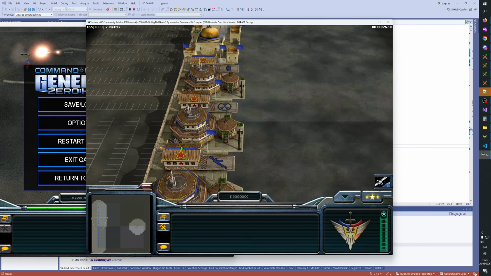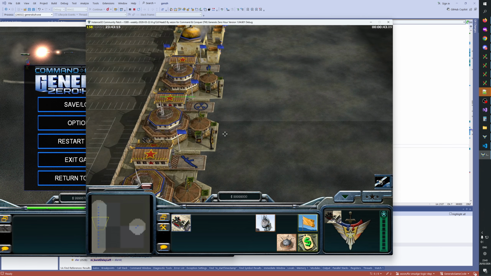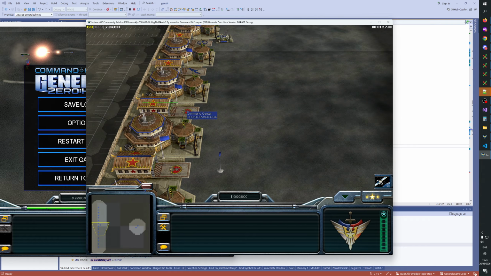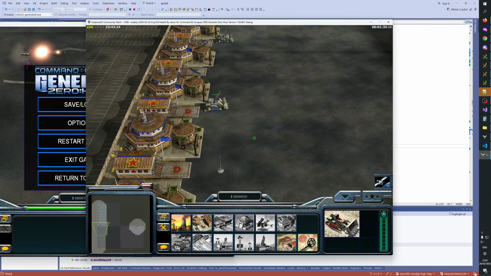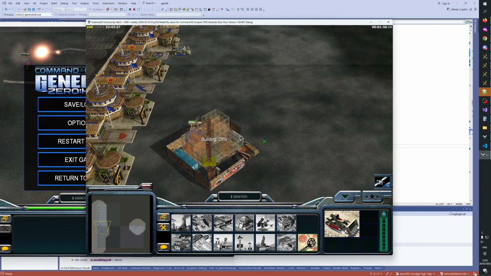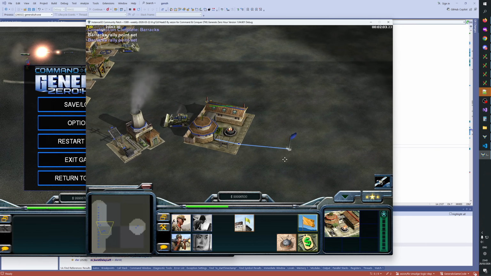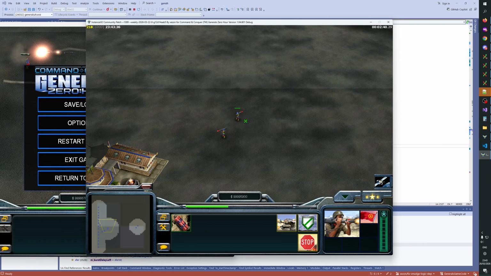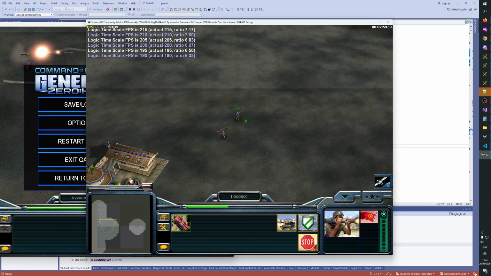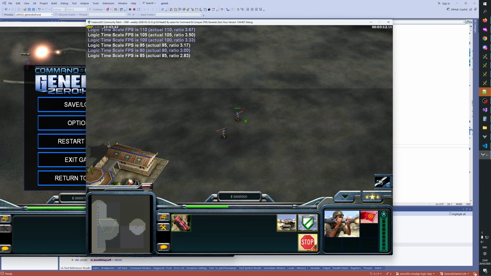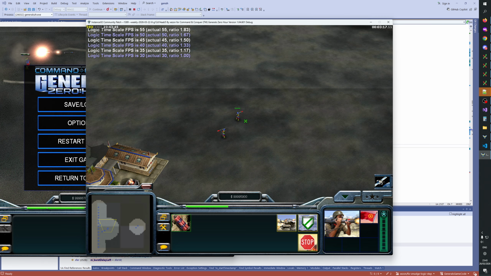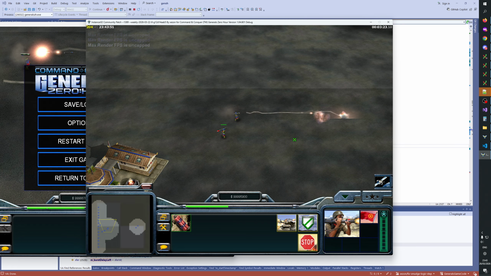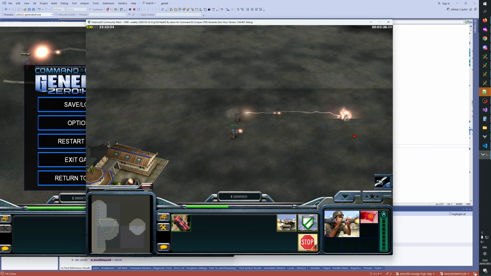Let's get those tank counters again. Let's get a China one here. Okay. Oh boy. Okay. That's still big. It's not that.